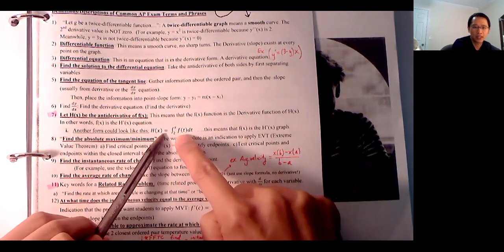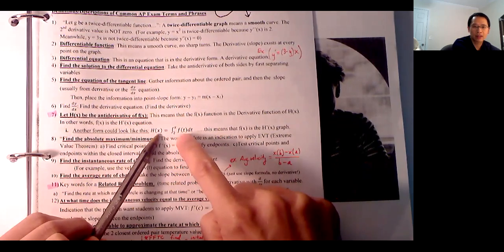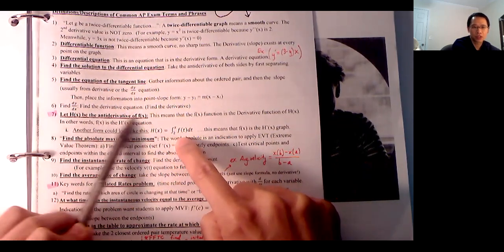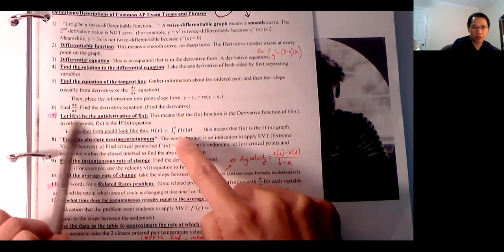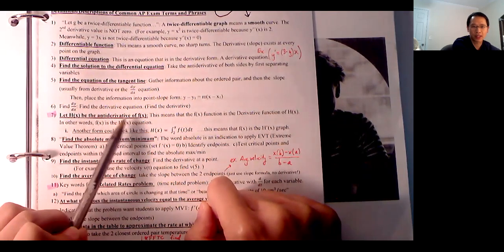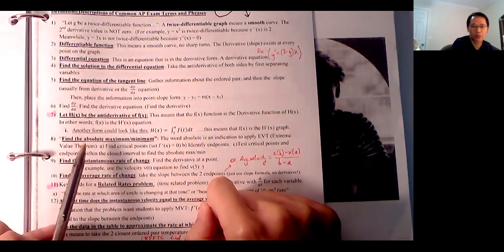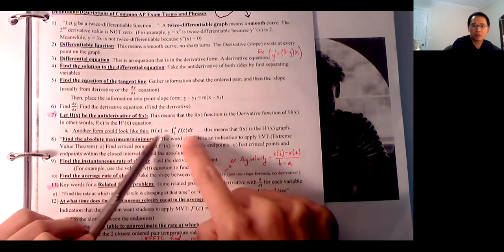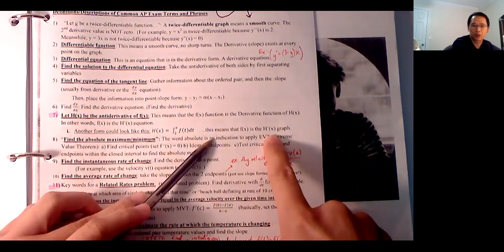What that's saying is f is really at the derivative level of H. This is just the way the College Board is going to phrase it if they just want to say that f is really just H prime. So f is just the H prime graph.